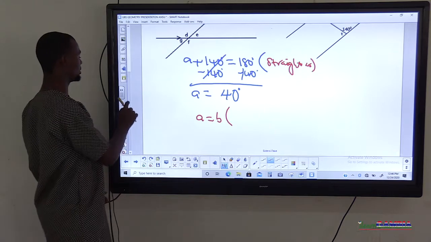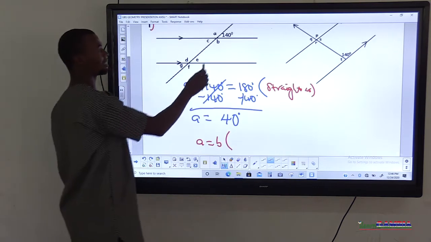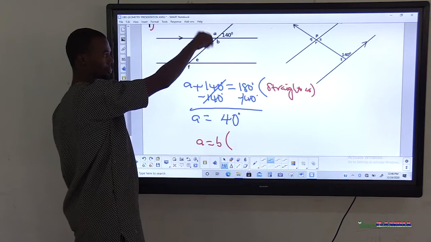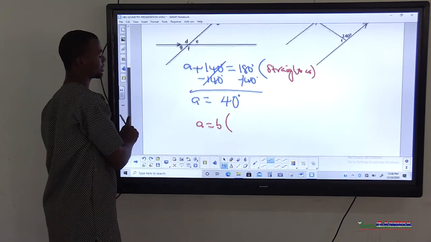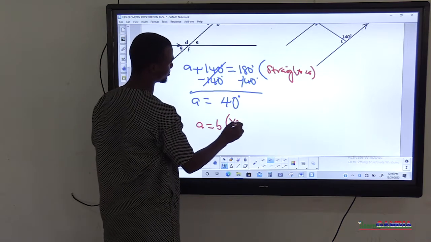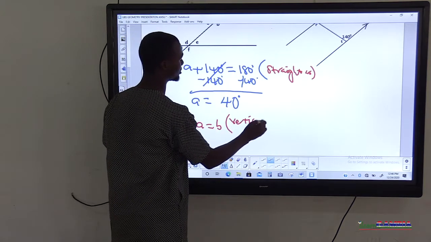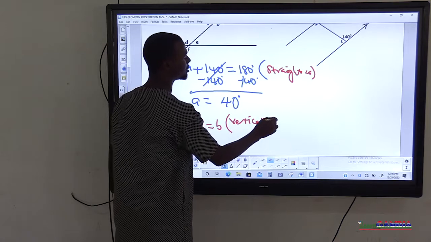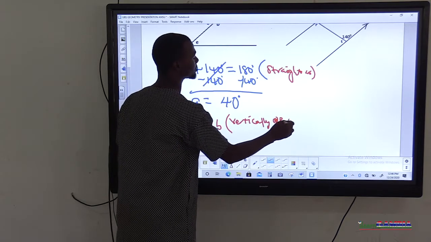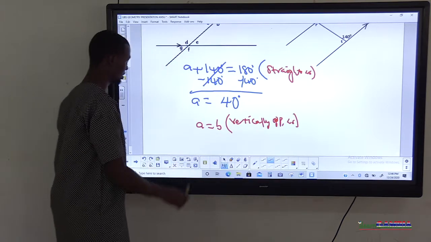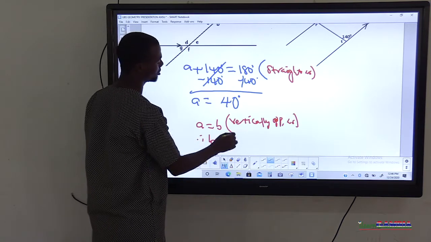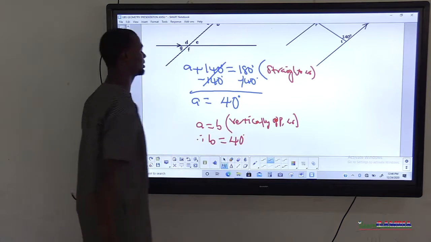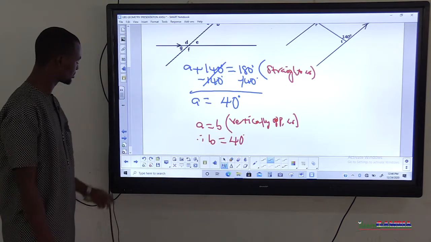Vertical angles are equal. This is vertically opposite angles. So therefore B is also equal to 40 degrees since it is equal to A.